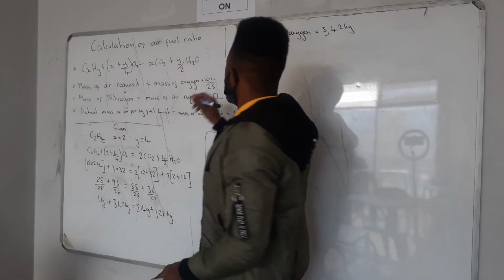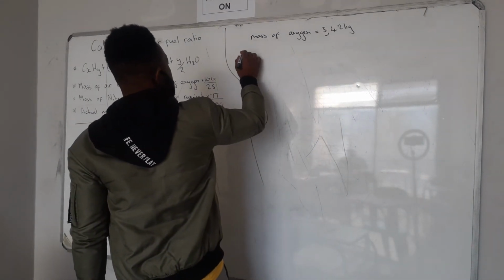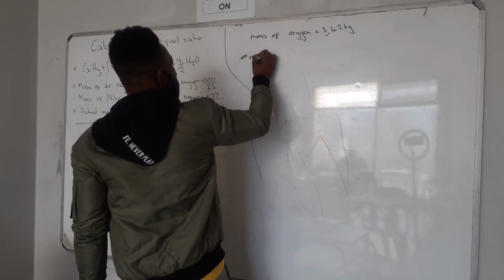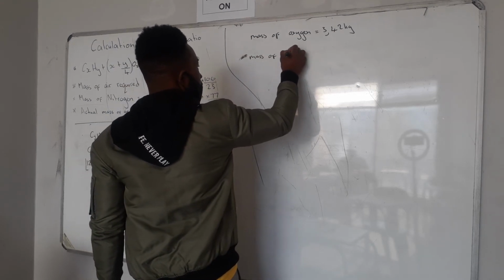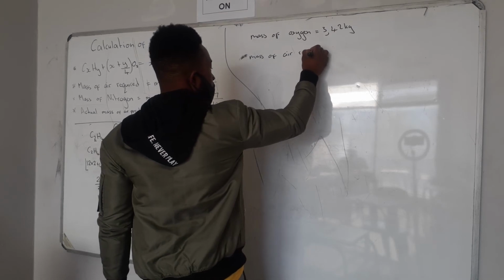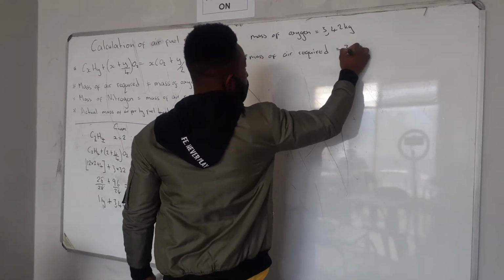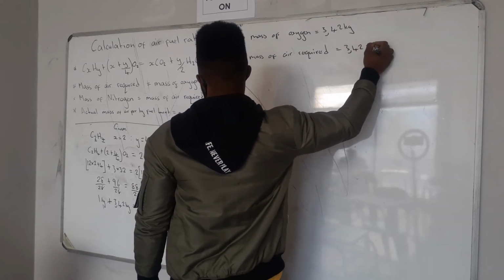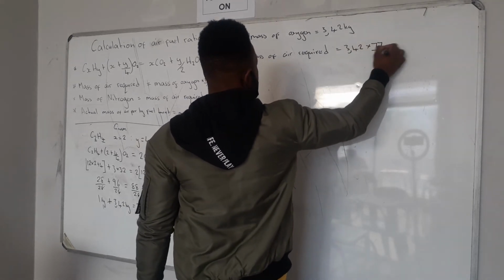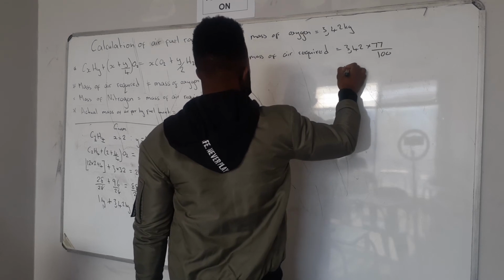And remember, they want the mass of the air required, né? So for me to get the mass of the air required, it's going to be my mass of the oxygen, which is 3,42, multiplied by 100 divided by 23.